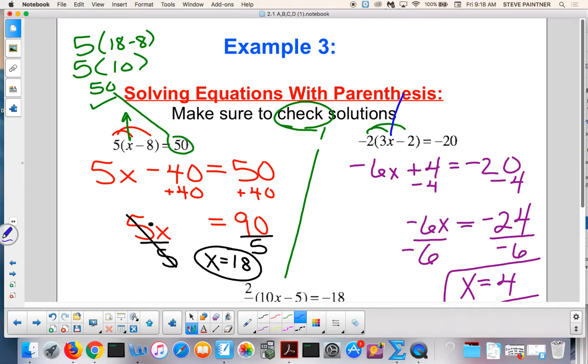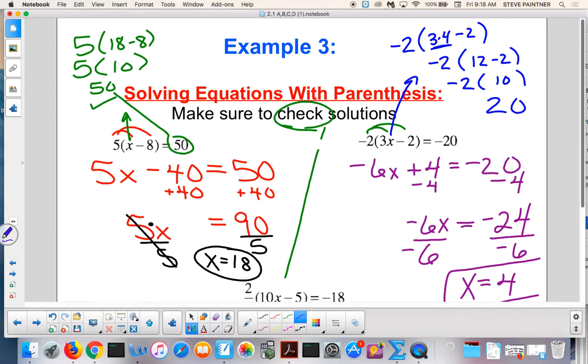Here's a quick check. Negative 2 times 3 times 4 minus 2. Inside grouping symbols, what are you going to do? Are you going to subtract or are you going to multiply? Okay, so negative 2 times 12, take away 2. 12, take away 2, double 10, you get 20, right?